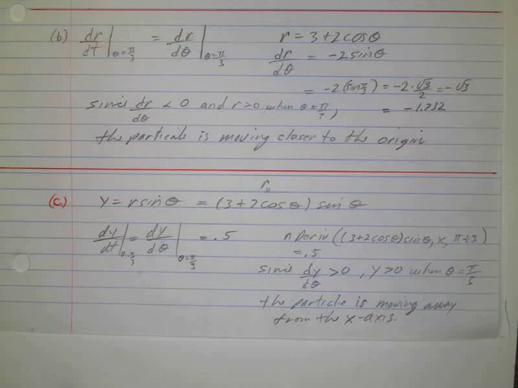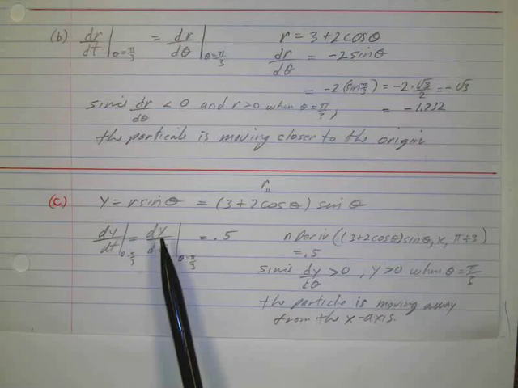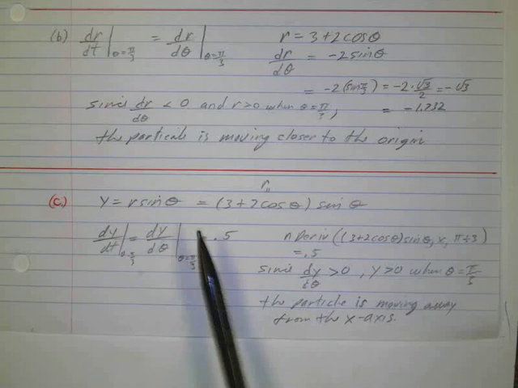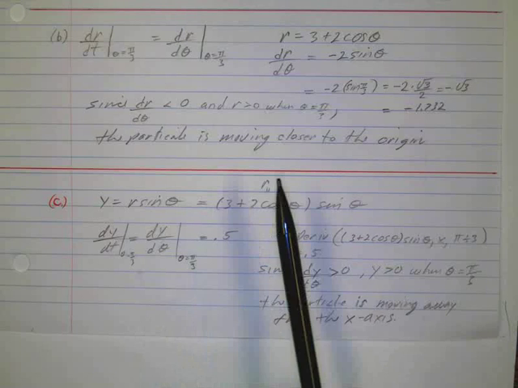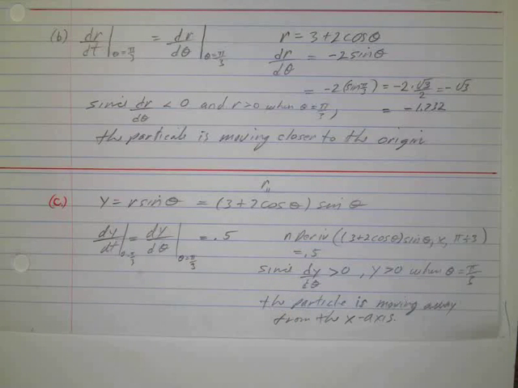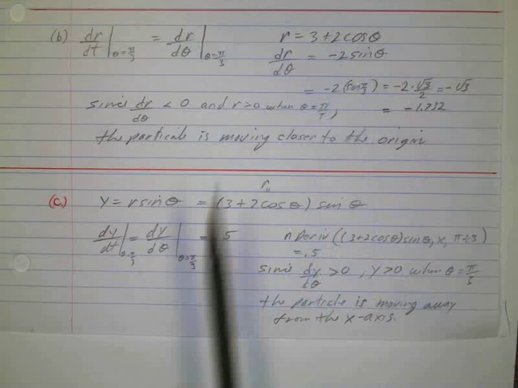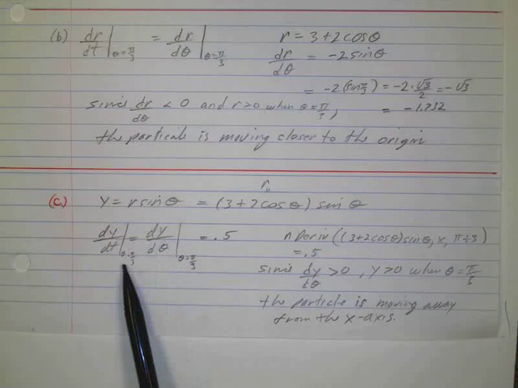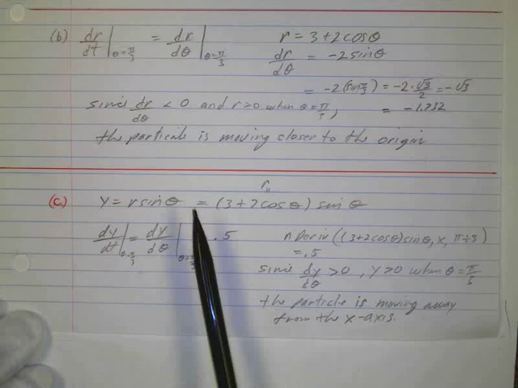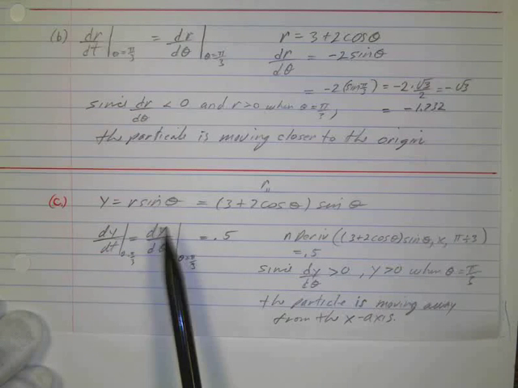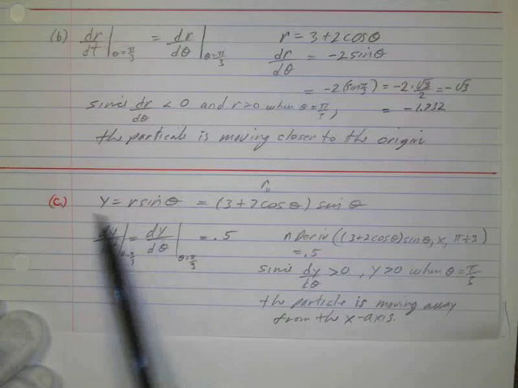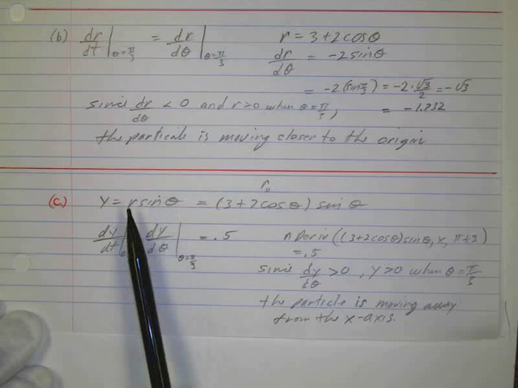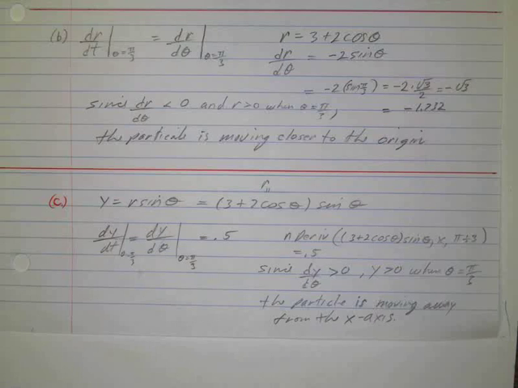They want us to find dy/dt, but it's going to be a little hard to do that directly. We can get dr/d theta, but we have dy/dt and dy/d theta, so how can we make this into sine of theta without the r, because we've got two variables?